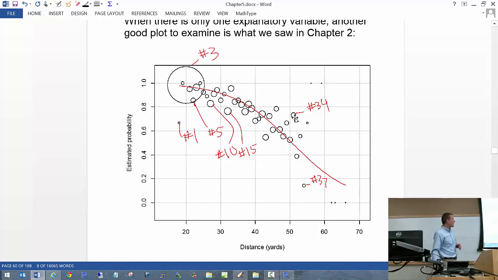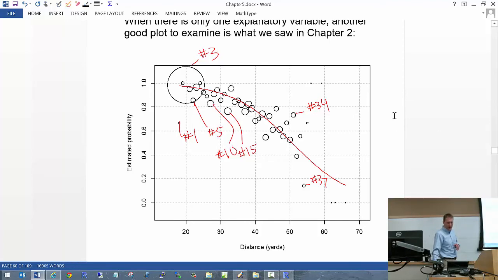So for example, we pointed out that 5, 10, and 15 were kind of borderline, and maybe we should be concerned about them. And you can see that in this plot, they tend to have the larger circles that, relative to where they are next to the red line, are kind of farther away. Look at where number 34 is. Notice that it has a little bit smaller circle than number 15, but yet it's maybe the same or maybe a little bit larger distance away.